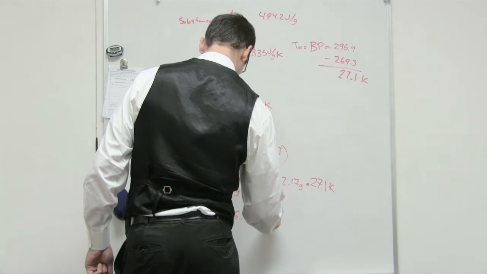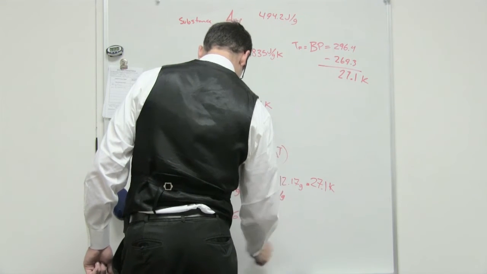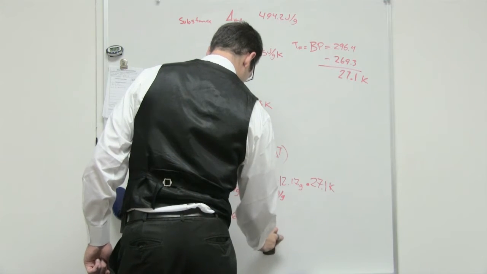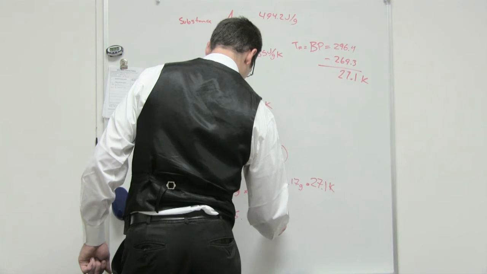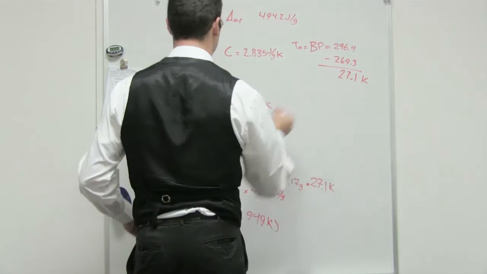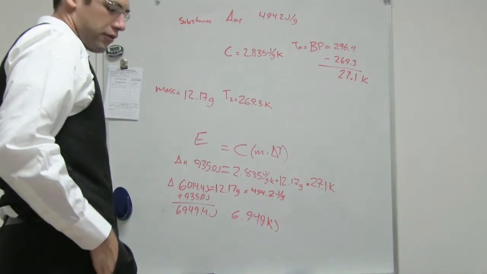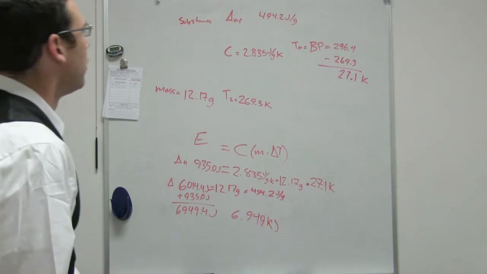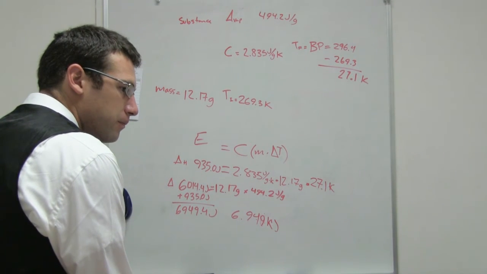But I wonder, the change in temperature is 27.1 Kelvin. Do you have more? No, you don't. Yeah, that's where I'm confused. How did we go from 4 sig figs to 3? We go based on the original data that they give us.